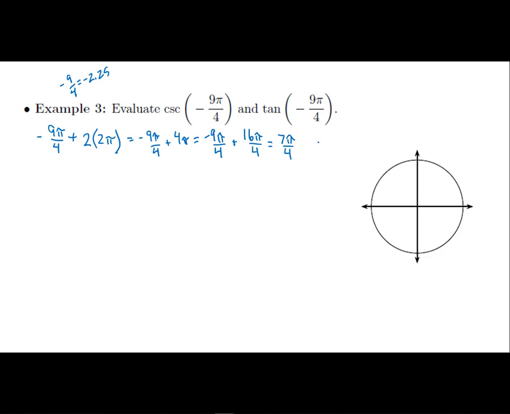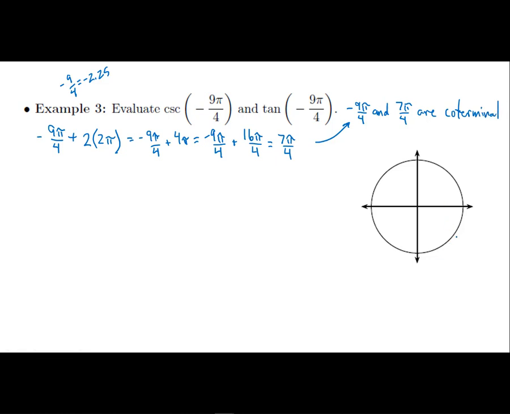So what we can say here is that negative 9 pi over 4 and 7 pi over 4 are coterminal.